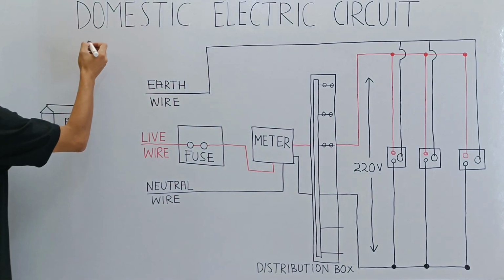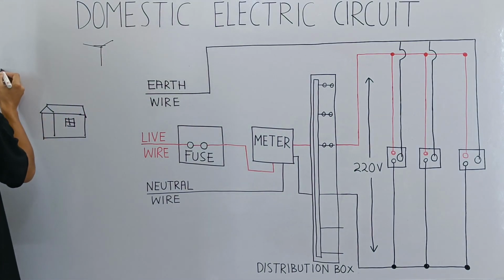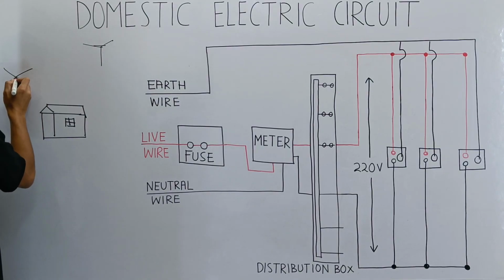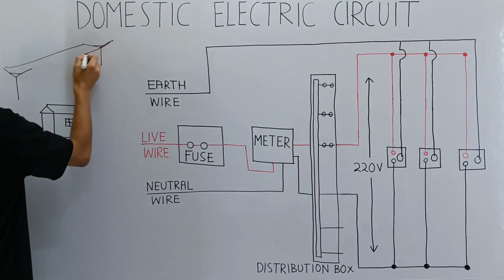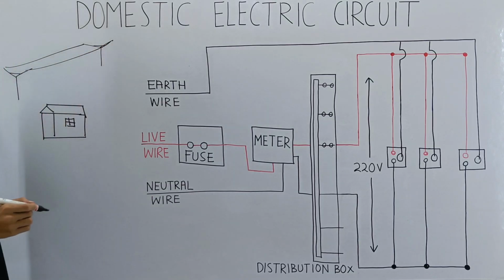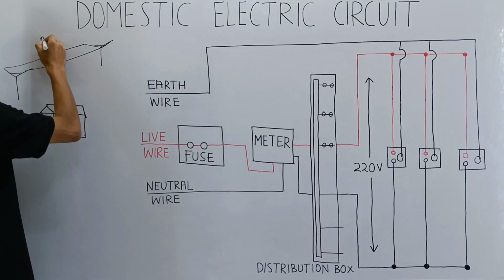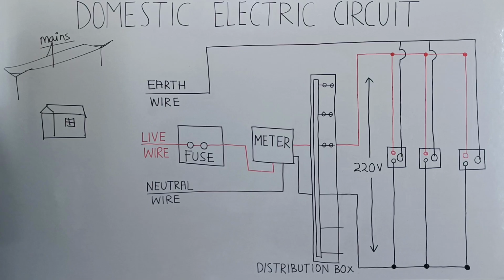Outside of our home, we have light posts. My drawings are very bad, please don't laugh at my drawings. So we have light posts through which wires are running. These wires are called the mains.